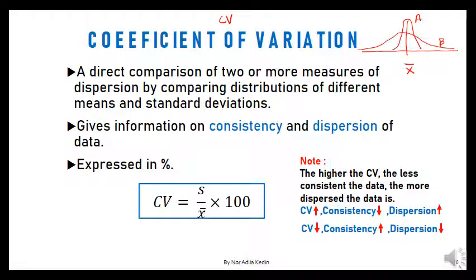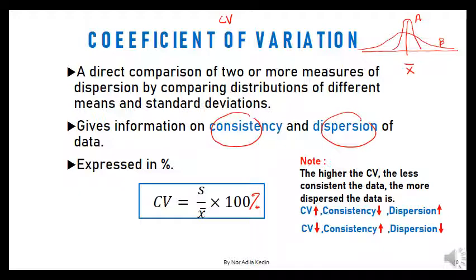So, CV is a direct comparison of two or more measures of dispersion by comparing distribution of different mean and standard deviation. CV give information on consistency and dispersion of data. So, CV is expressed in percentage. CV adalah standard deviation bahagi mean darab dengan 100%.